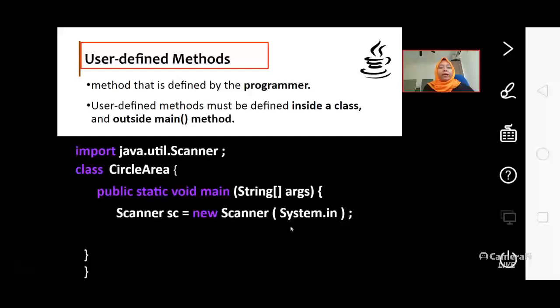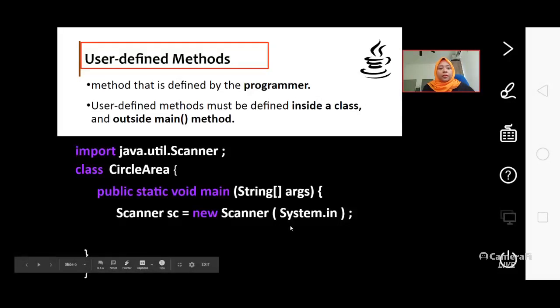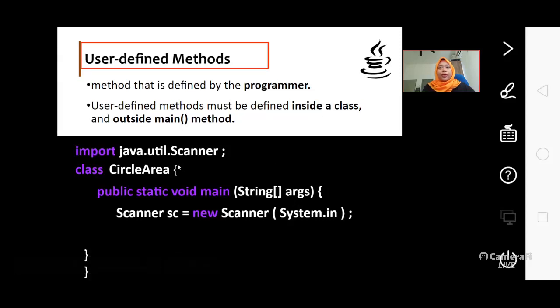Okay, where is the location of the method? Remember, the method is inside the class, but outside the main method. So here is a class, here is the open curly bracket for the method, and this is the close bracket for the method, and there is the close bracket for the class. So the method is between these two curly brackets.